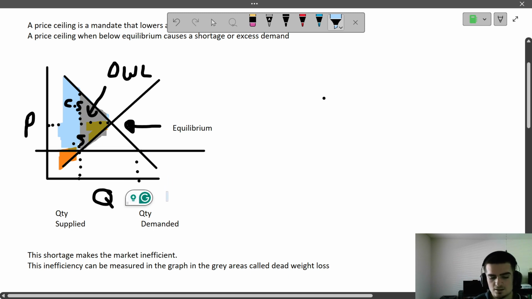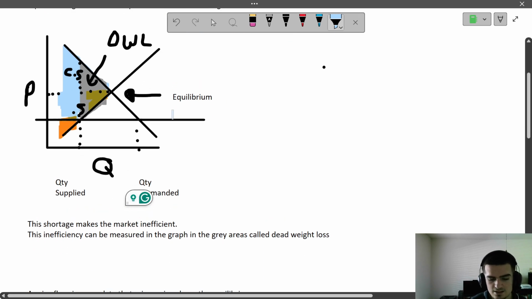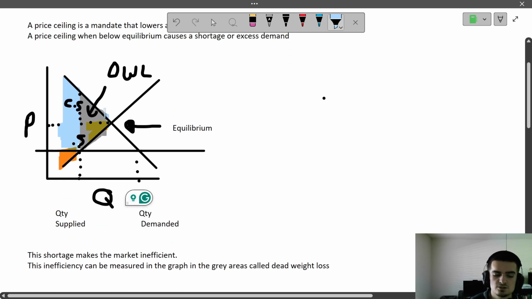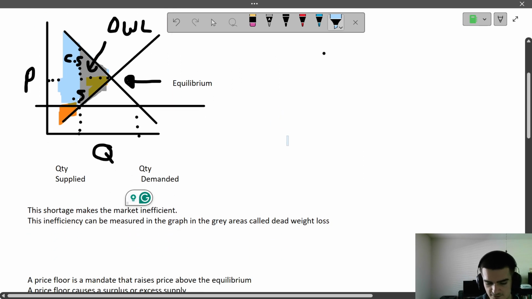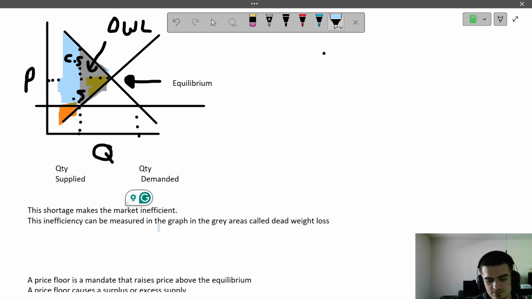So it's a net loss in total surplus, but it can be an increase in consumer surplus, but it's a net loss in surplus. So it makes the market inefficient. The shortage makes the market inefficient, and the inefficiency can be measured in the graph as the gray area called deadweight loss.